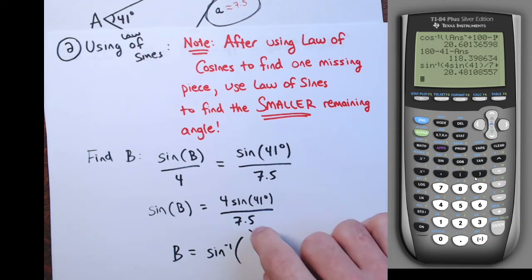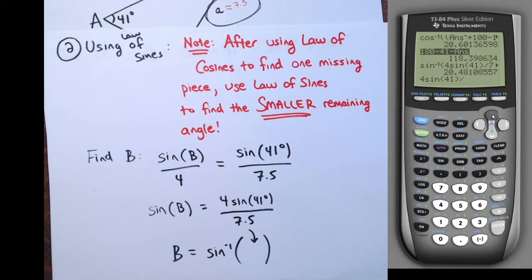The reason for that is the rounding. So let me do this instead: 4 times the sine of 41 degrees divided by that 7.45 and so on, and then take the inverse sine of this.